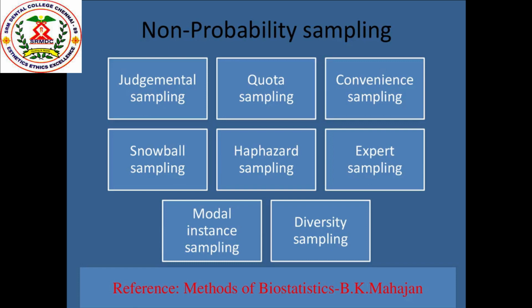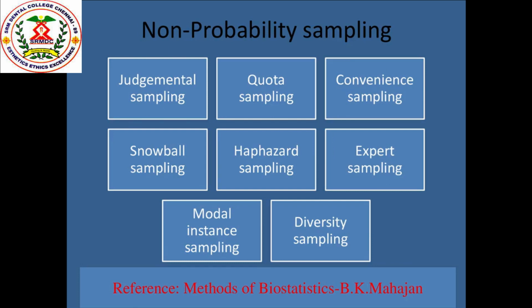Convenience sampling is where, according to our convenience, we select the sample. Snowball sampling is like rolling a die, so that each and every person who is hit gets selected. I'll explain all this in detail in future discussion. I'm just telling one line to help understand the whole concept.